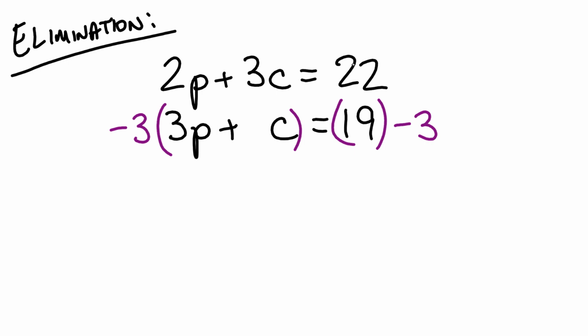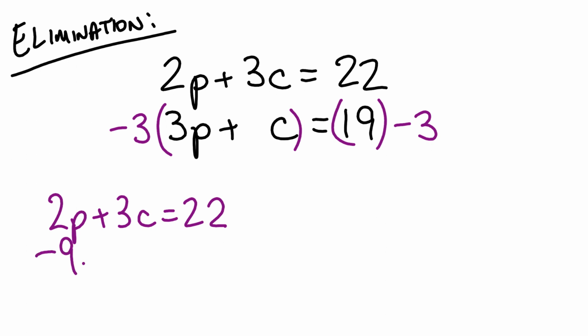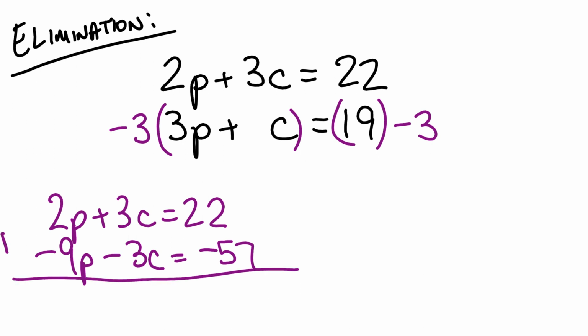Why do we do that? Well, the first equation stays the same. The second equation, -3 times 3p, -3 times c, -3 times 19, and then we add the equations together.